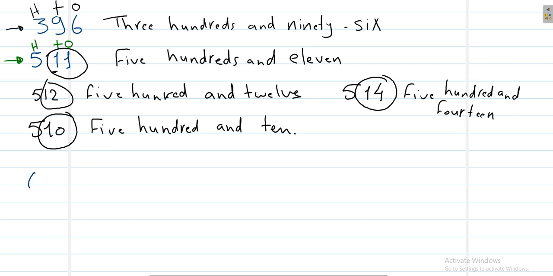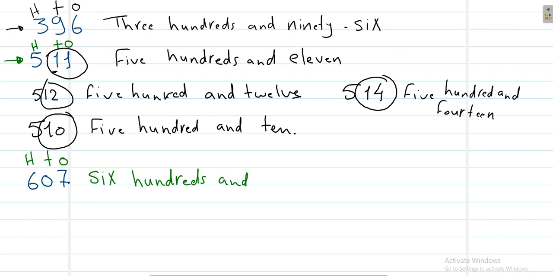What if I have this? Okay. Here I have ones, tens, hundreds. I have 6 in the hundreds, but I have 0 in the tens, and I have 7 in the ones. Okay, let's start. 6 in the hundreds is going to be 6 hundreds.